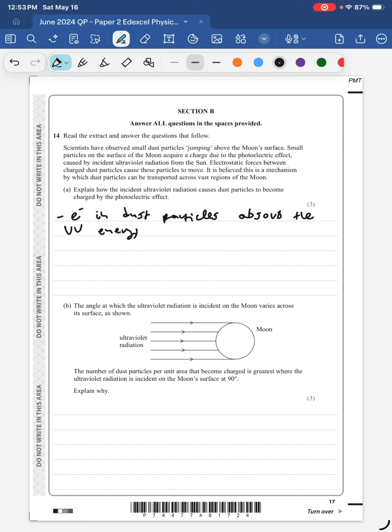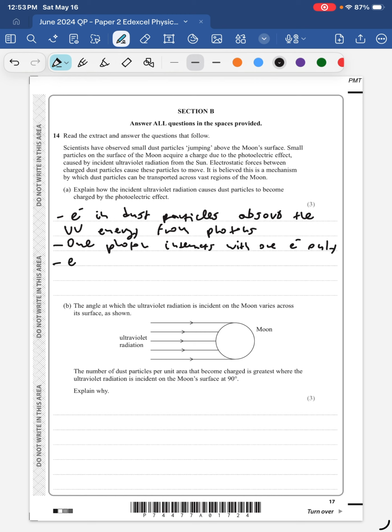Absorb the UV energy from photons. One photon interacts with one electron only.